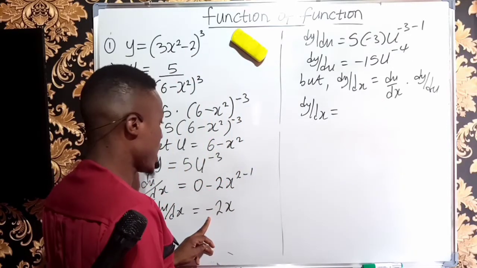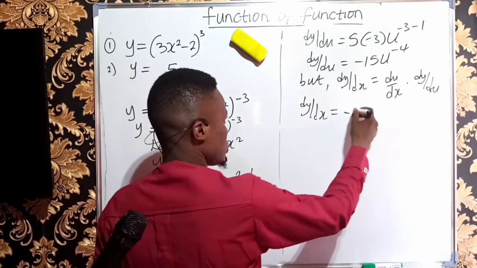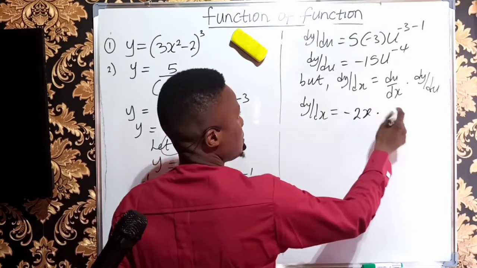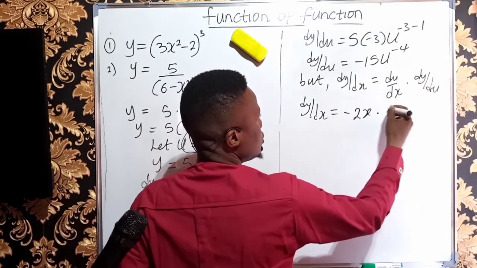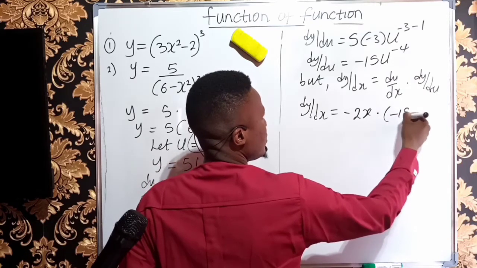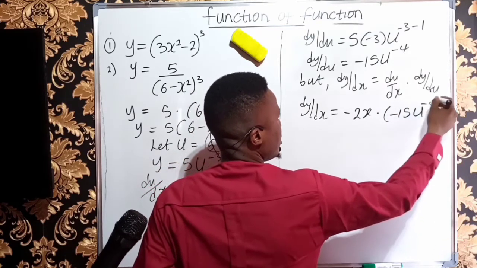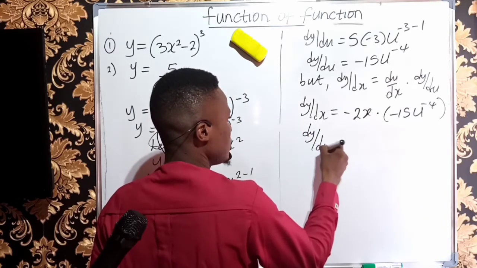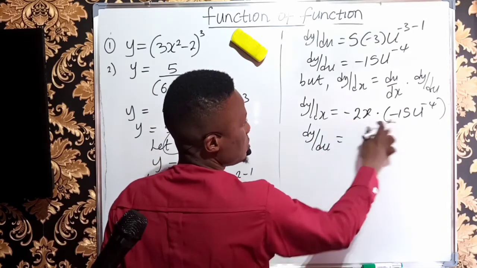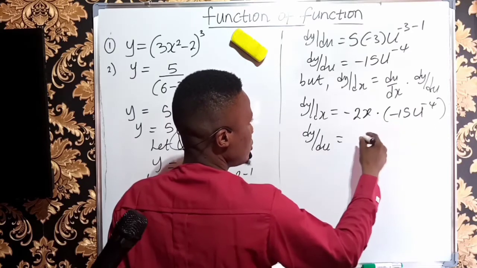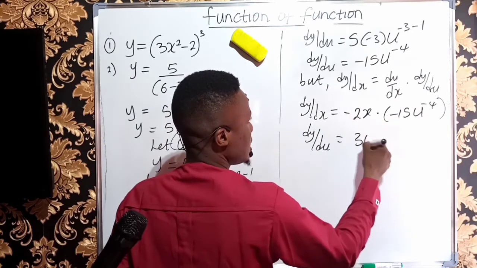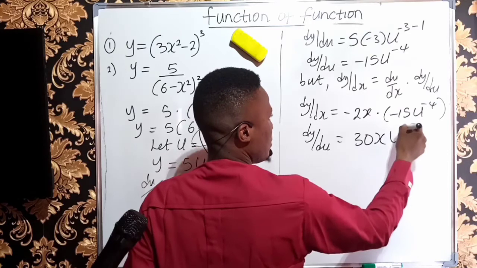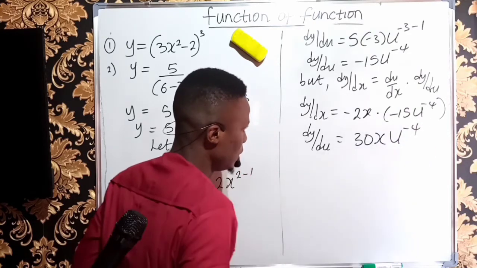That's our du/dx, minus 2x. So we have minus 2x multiplying dy/du, which is minus 15u to the power of minus 4. When we take the multiplication, we shall have that minus 2x times minus 15 will give us 30x u to the power of minus 4.